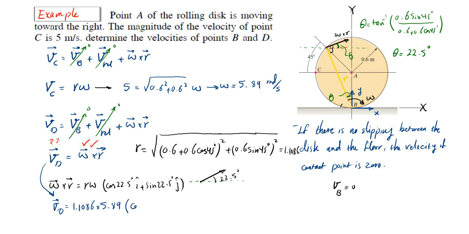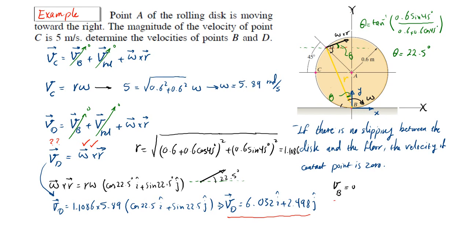And then cosine 22.5 I plus sine 22.5 J. This gives you VD as a vector, which is 6.032 I plus 2.498 J. That would be the velocity of point D.